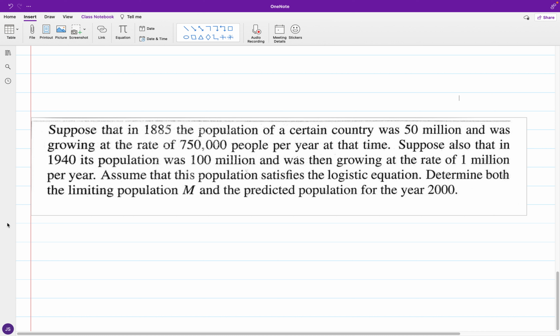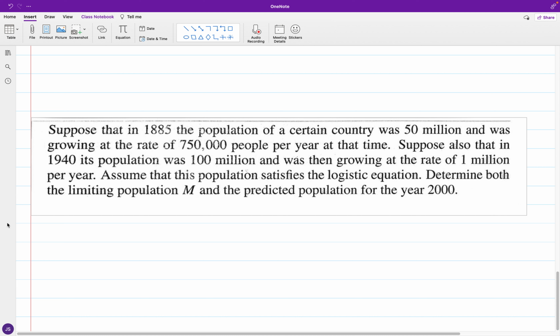Okay, as an example of what we have with population and logistics, from your example, it says: suppose that in 1885 the population of a certain country was 50 million and was growing at the rate of 750,000 people per year at that time.